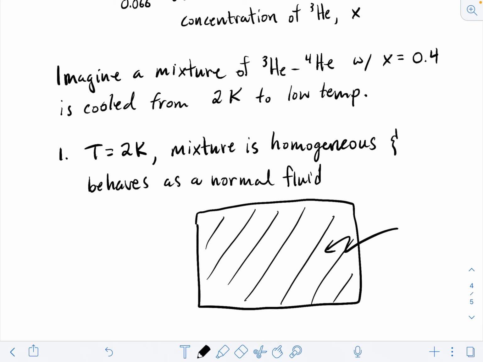And so what we have is a homogeneous mixture of 40% helium-3 in helium-4.